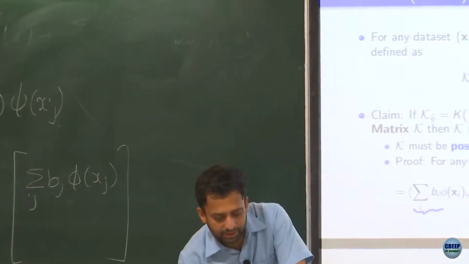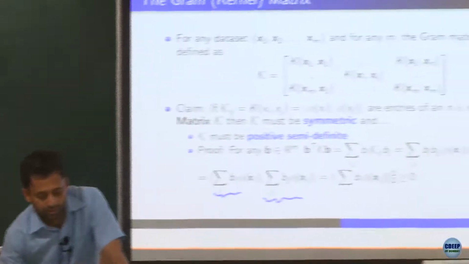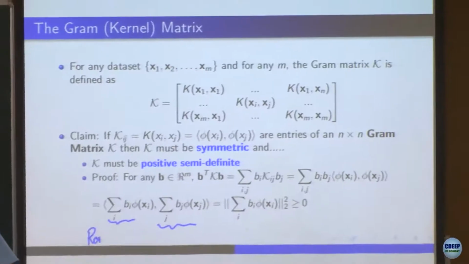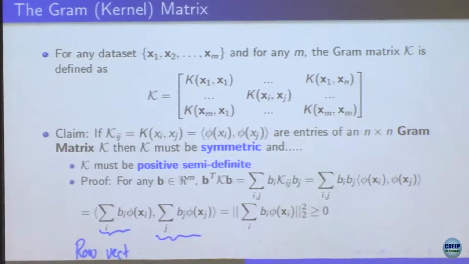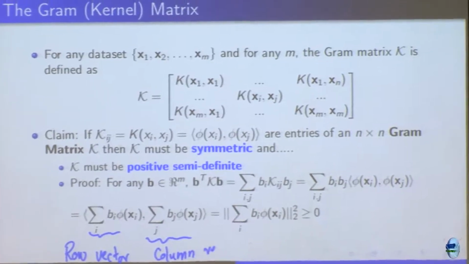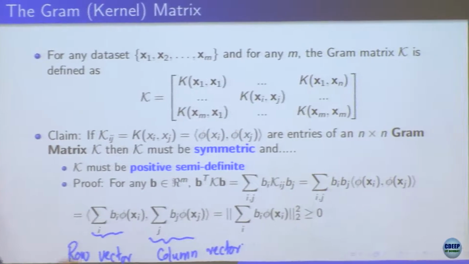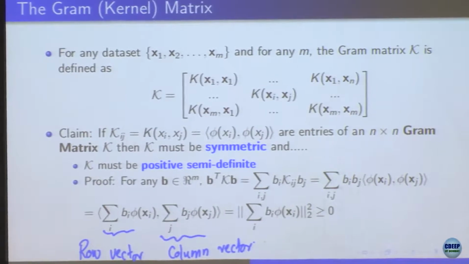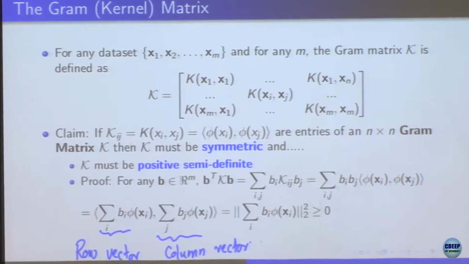Think of the first as a row vector and the second as a column vector, so the dot product is written as an inner product. It is the inner product of some linear combinations of phi's.